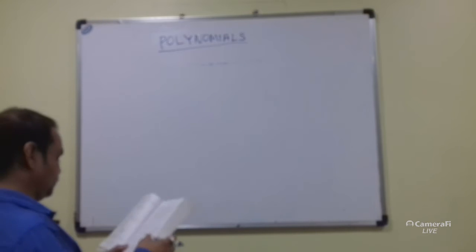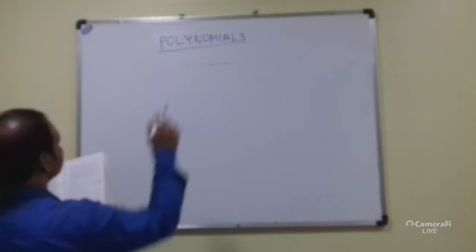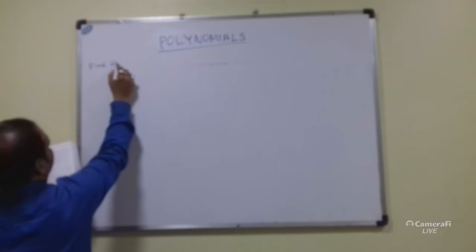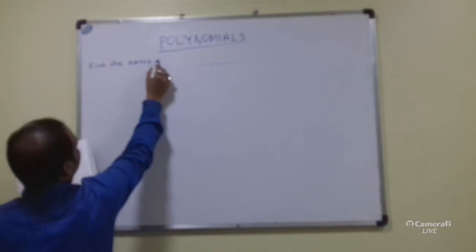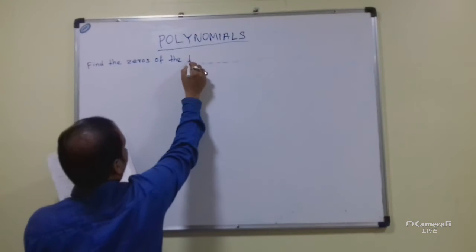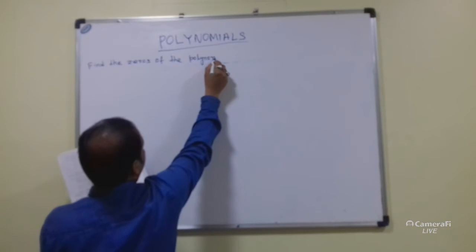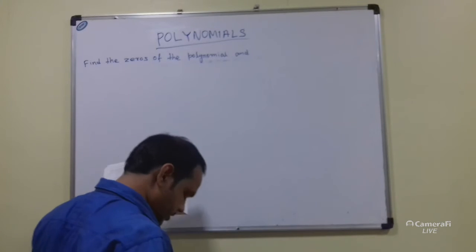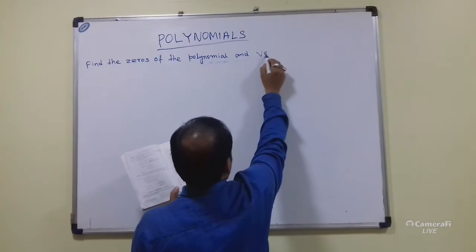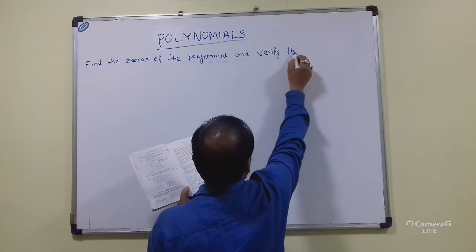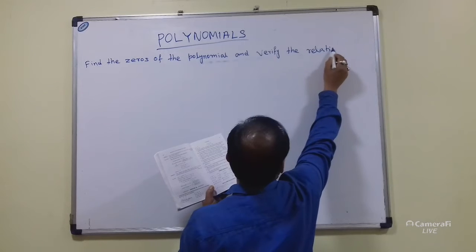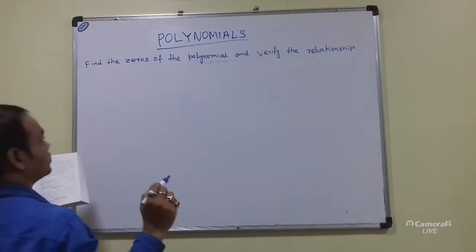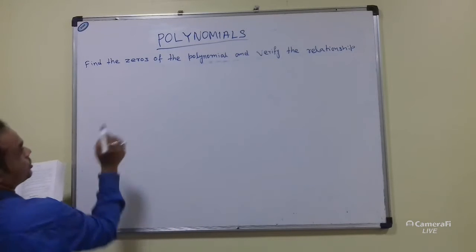So the first problem is: find the zeros of the polynomial and verify the relationship between the zeros and the coefficients.